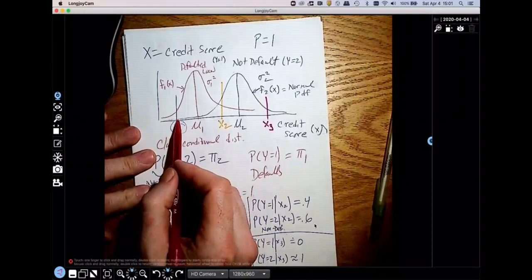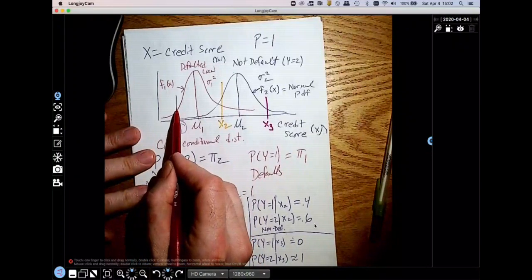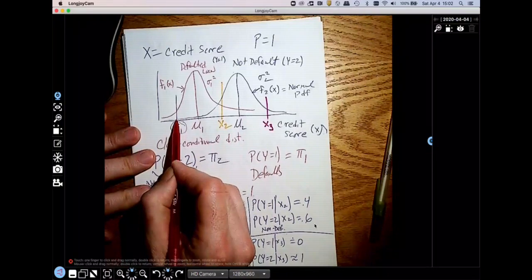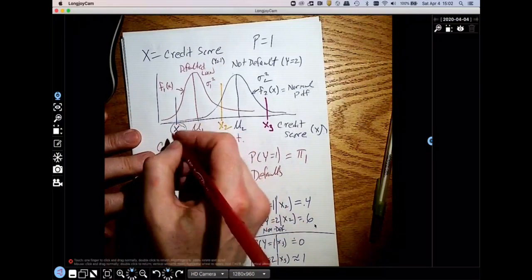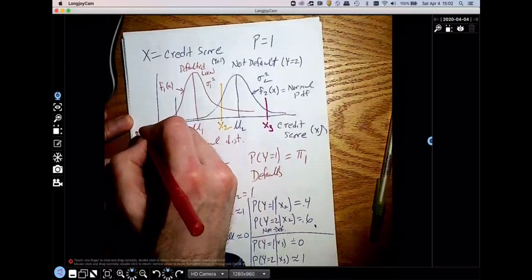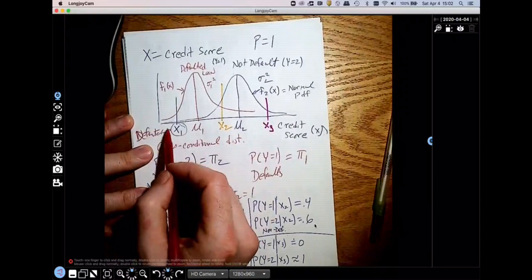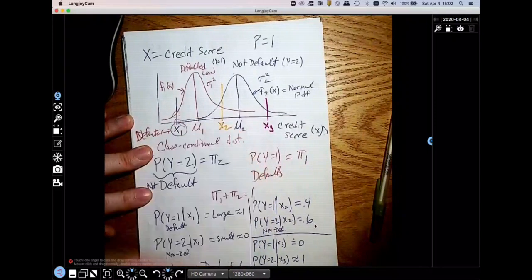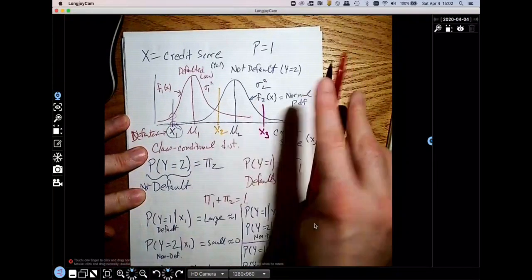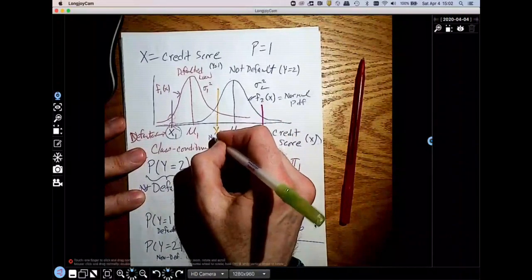For x1, this is the class-conditional value for the defaulting group. This is the class-conditional distribution for the non-defaulting group. We are going to call this one a defaulter, because this value is greater than this value. When it comes to x2, we're going to call x2 a non-defaulter.